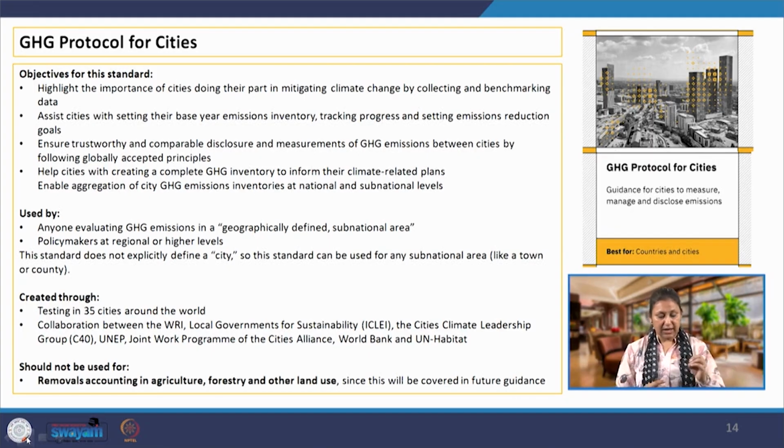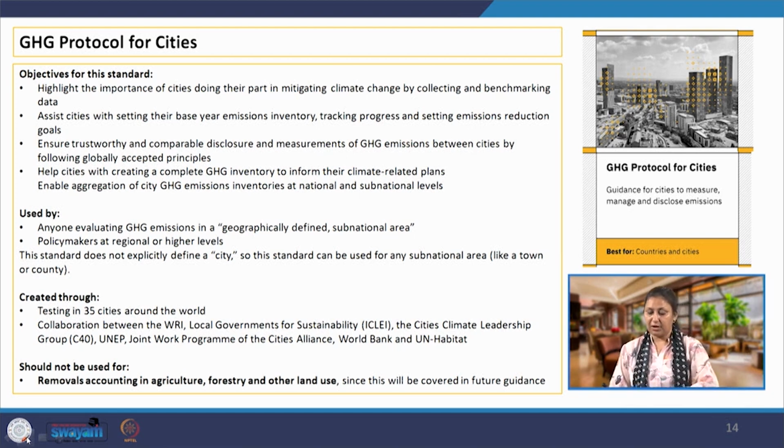So, we are actually talking about the infrastructure, the services that the city is providing, that the city has direct control over. This is the scope within which this particular protocol works, and again it is not to be used for removals of emissions, accounting in agriculture, forestry and other land use.